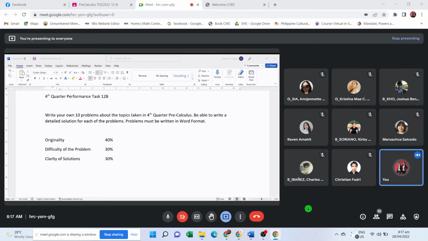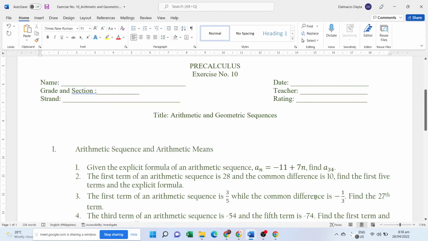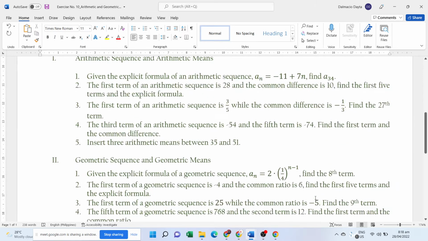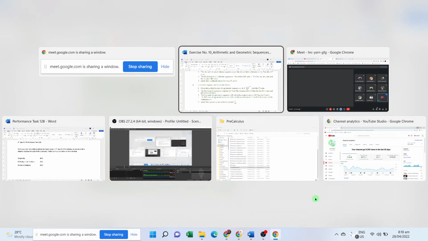Maruska, do you have an answer to number 2, part 1? Yes, sir. Will you please send a picture of your work and be able to discuss to us your answer? Raven, do you have an answer to number 4? Yes po, sir. Okay, will you please send a picture of your work and discuss it to us? How about part 2, number 2?